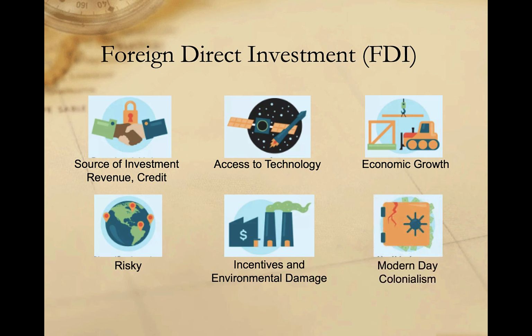All of this leads some critics of foreign direct investment to describe it as neocolonialism or a form of modern-day colonization. They argue that traditional modes of colonial control in the global south have been replaced by indirect forms of economic exploitation. We look at some of these arguments later in the course when we talk about development.